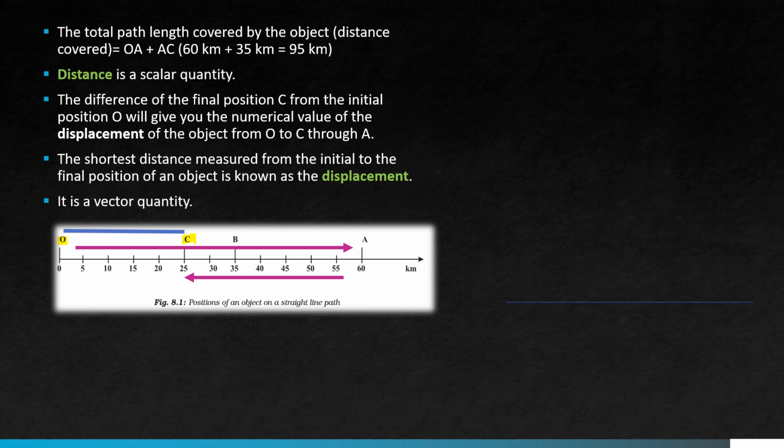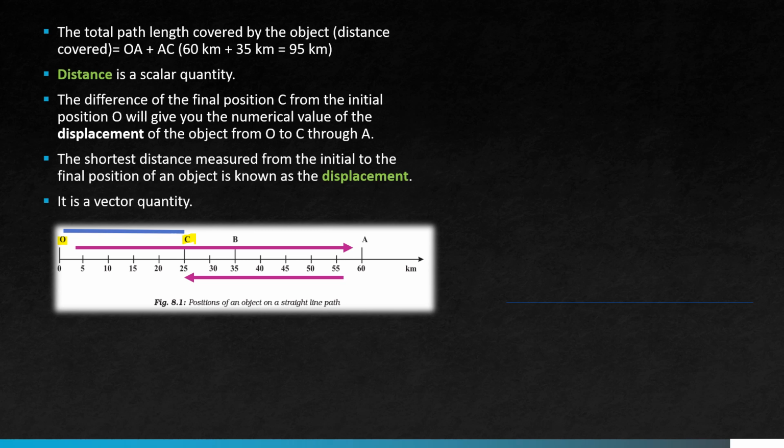So we can clearly distinguish between the terms distance and displacement of the body. Now when I use the term displacement, I mean the magnitude of displacement, right? The numerical value of displacement here. Now I am sure that you might be having a number of questions, like can displacement and distance be the same? Can displacement be zero?